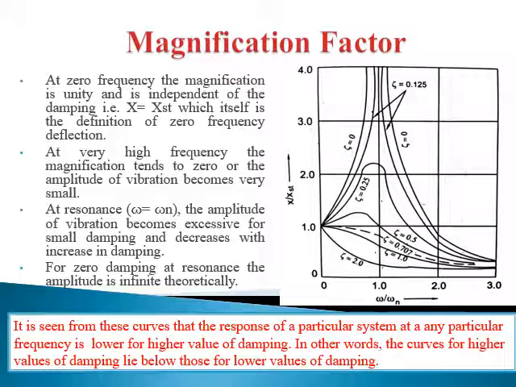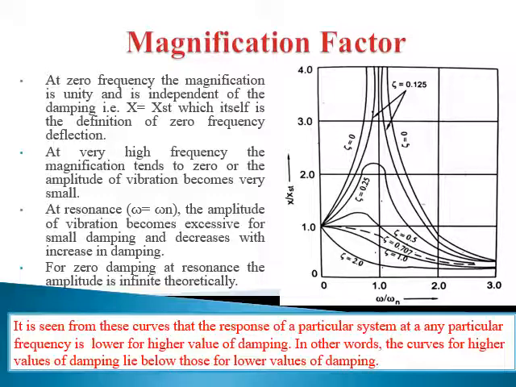As we are increasing the value of damping, zeta, 0, 0.05, 0.5, 0.01, the amplitude X by X static is decreasing. At any particular frequency, the response is lower for a higher value of damping.